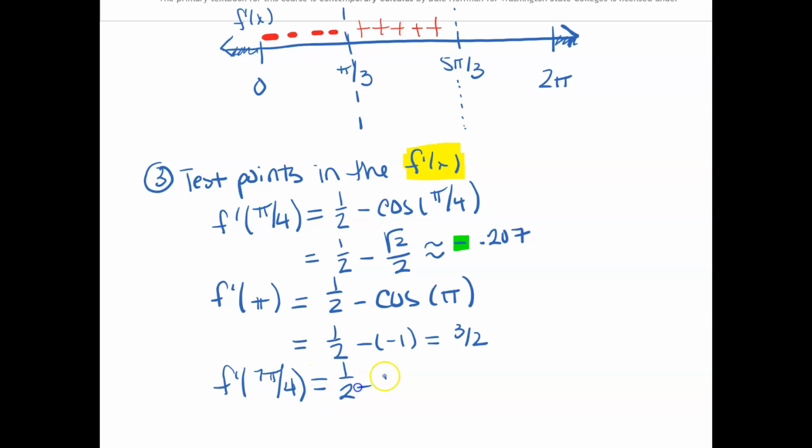So it gives me 1/2 minus cosine of 7 pi over 4, which gives me 1/2 minus the square root of 2 over 2, which we've already seen to be negative 0.207. So again, I'm just concerned about this thing being negative right here.